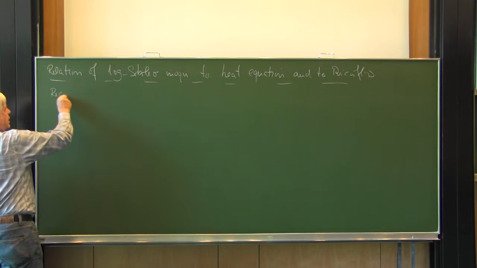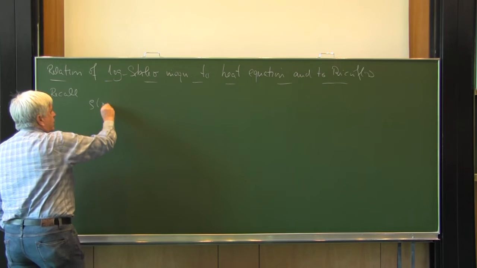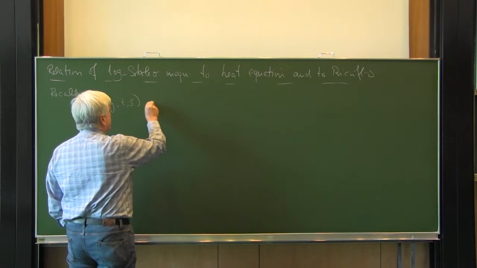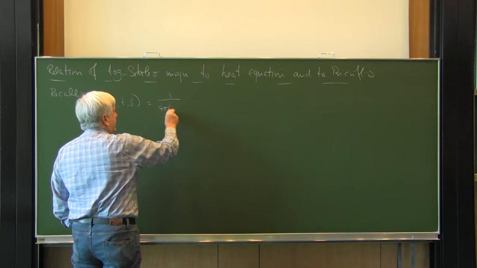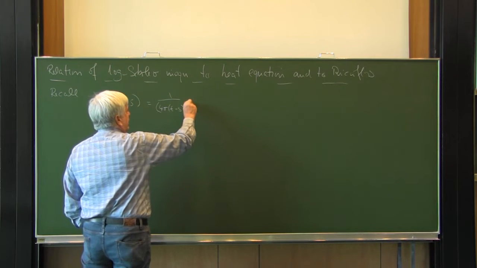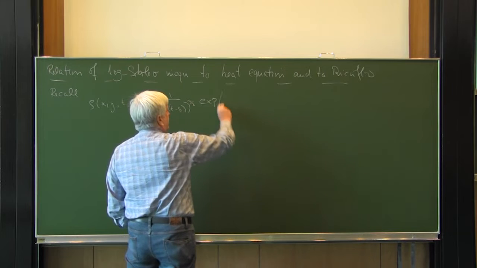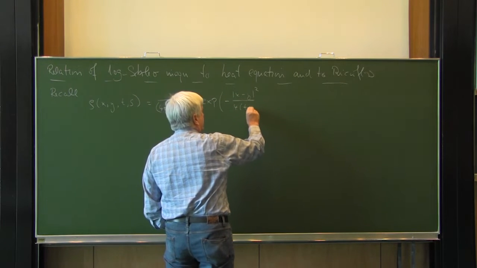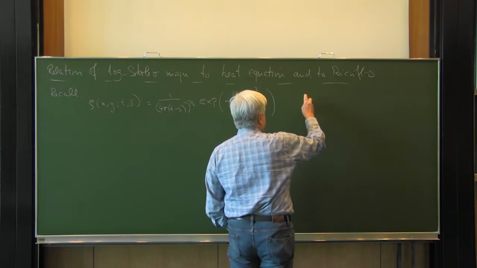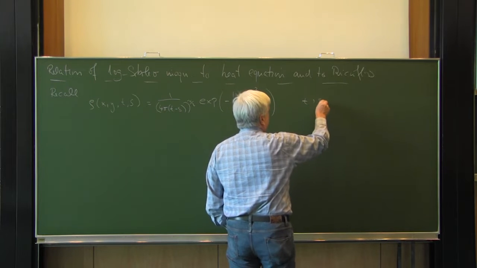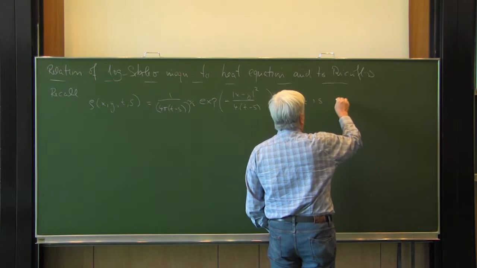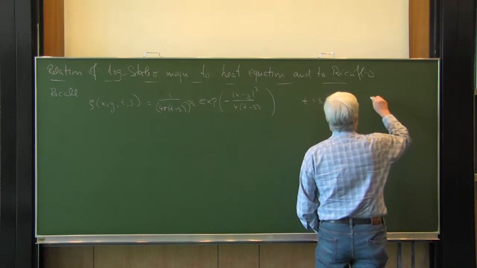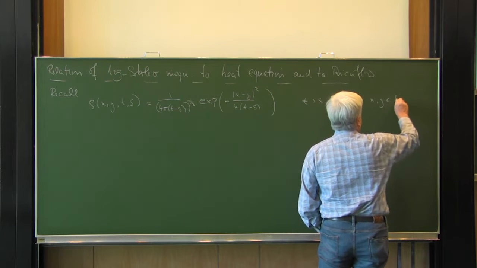So recall that rho(x, y, t, s) on Euclidean space is given by (1 over 4 pi (t minus s))^(n/2) times e to the minus |x minus y|^2 over 4(t minus s), where t is greater than s, both in R, and x and y are in R^n.